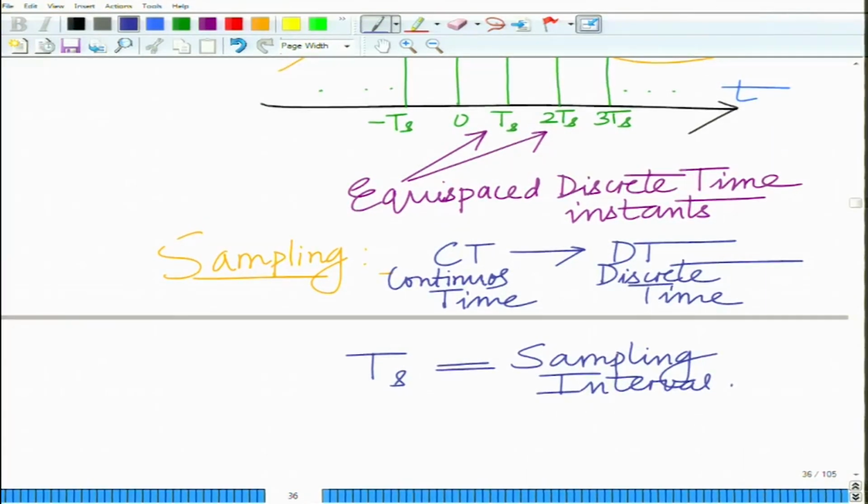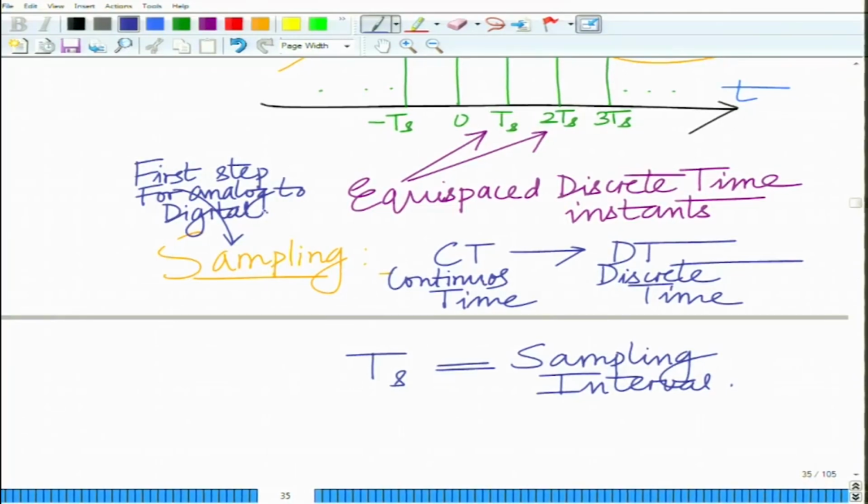So, sampling is basically the first step in the conversion of analog to digital.